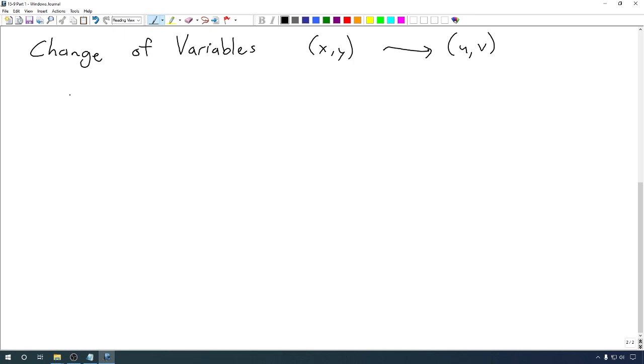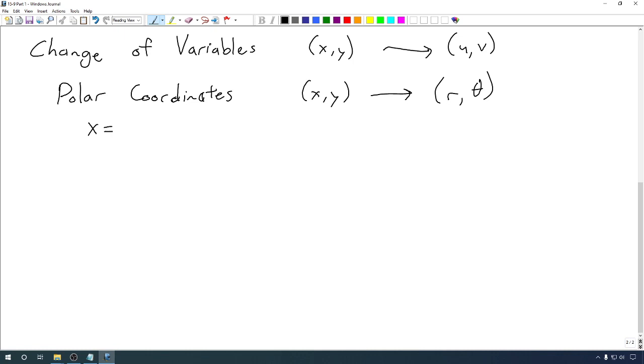But let's look at a particular example that we already know how to deal with: polar coordinates. There, instead of u and v, we use r and theta. So we want to change from xy to r theta, and we use the formulas x equals r cosine theta and y equals r sine theta.